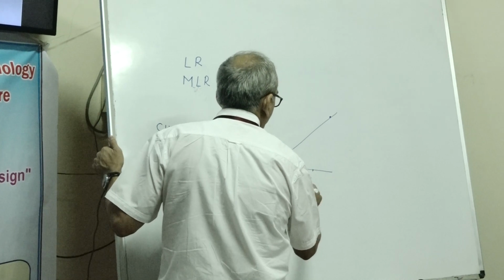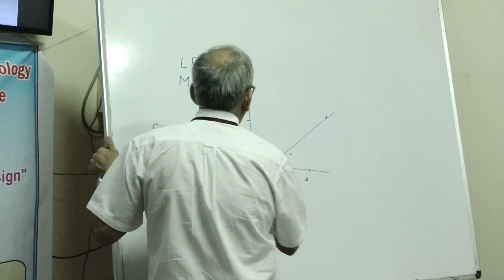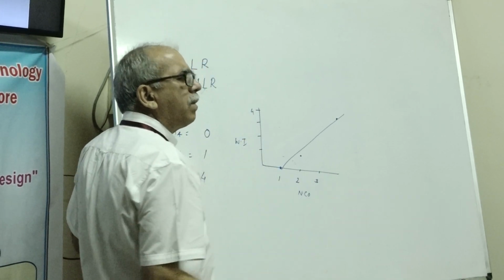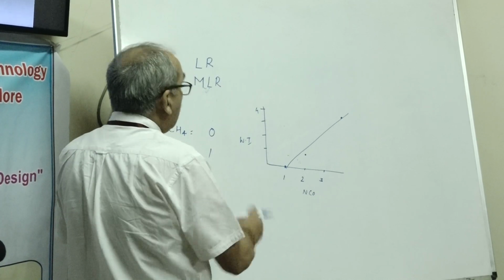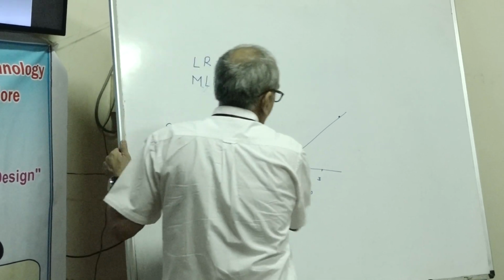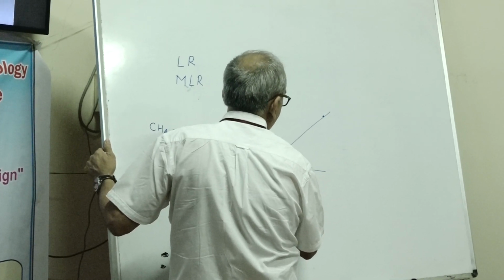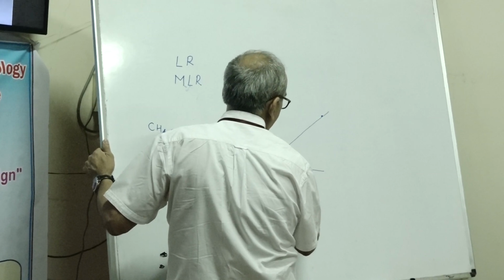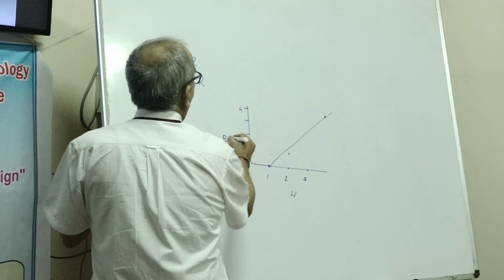But that's not the way it should be. Here, the number of carbon atoms, or the other way around, you can do it. Normally what we do is, here you have to have the independent variable, and now you are plotting a boiling point again.